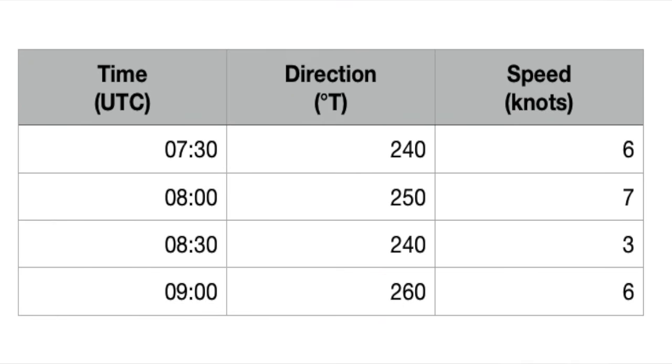Now let's take a look at the wind data. During the critical period around 08:08 UTC, the wind is reasonably bounded, the speed between 3 and 7 knots, and the direction between 240 and 260 degrees.